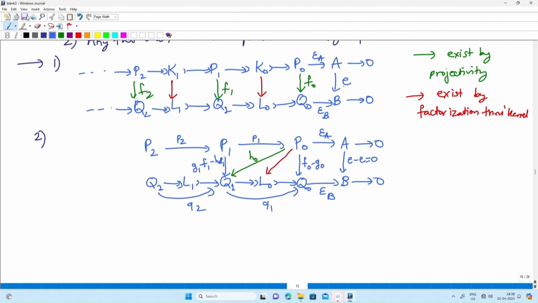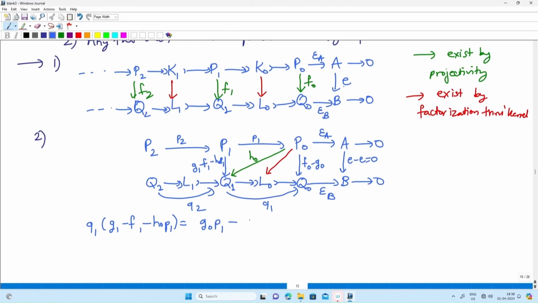Does this diagram commute? So Q1 composed with G1 minus F1 minus H0 P1 is what? Well, I can write it. So Q1 G1, what is Q1 G1? It should have to do with G. Yes, G0 P1.